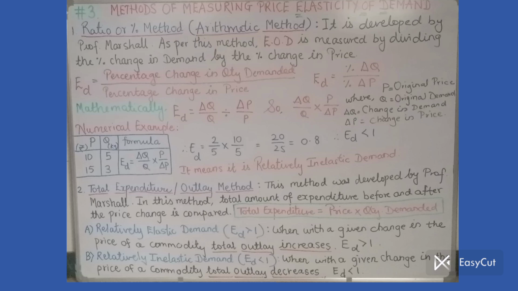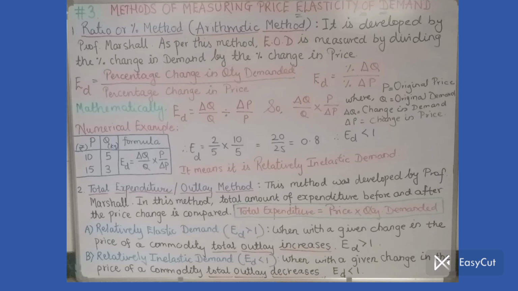So in this case, ED is greater than 1. I repeat the meaning: when with a given change in the price of a commodity, total outlay increases, it is relatively elastic demand. That's it.